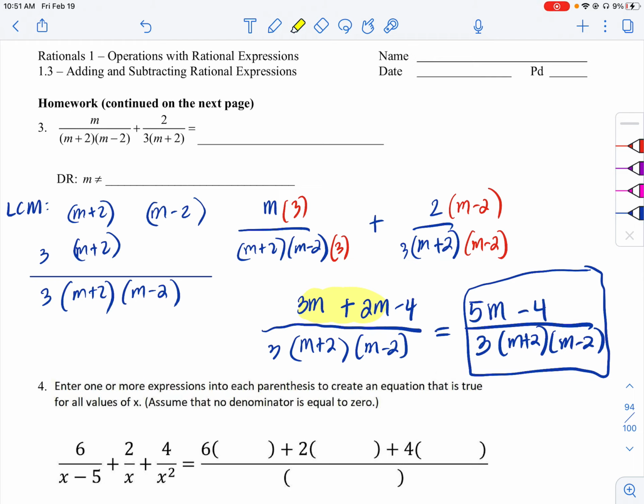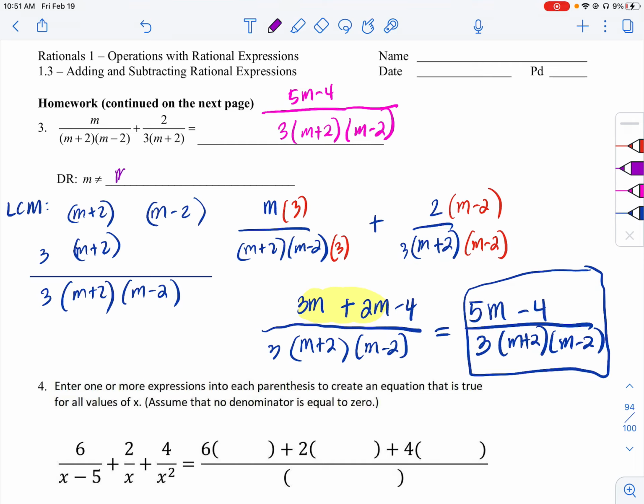Okay, now let's put our answer. Oops, wrong pen. 5m minus 4 over 3, m plus 2, m minus 2. And then let's get our domain restriction, always the opposite of whatever it is. We have m plus 2.